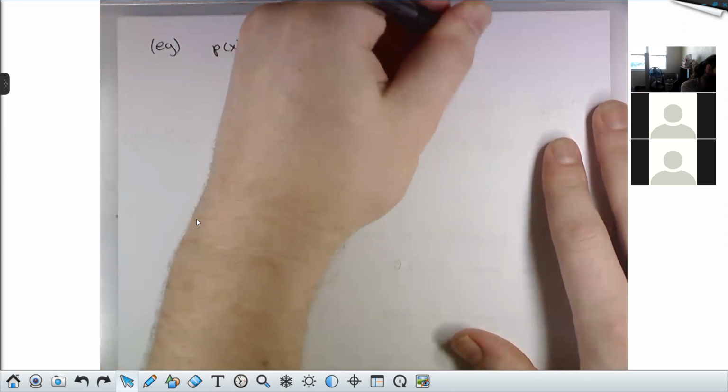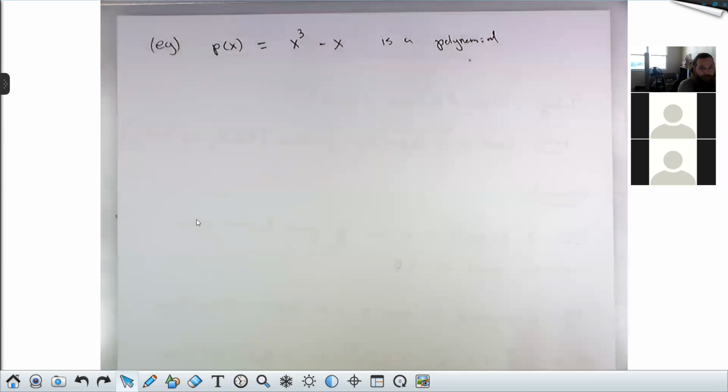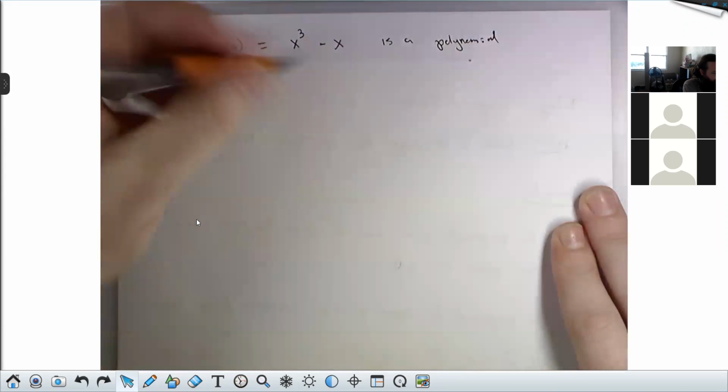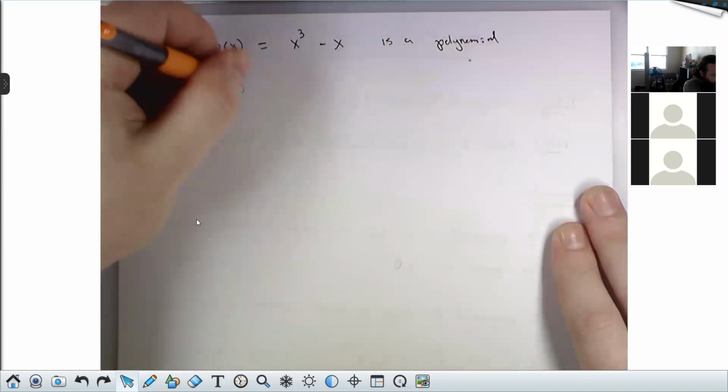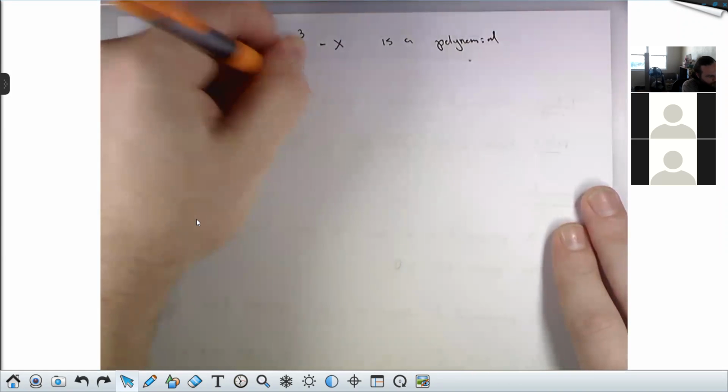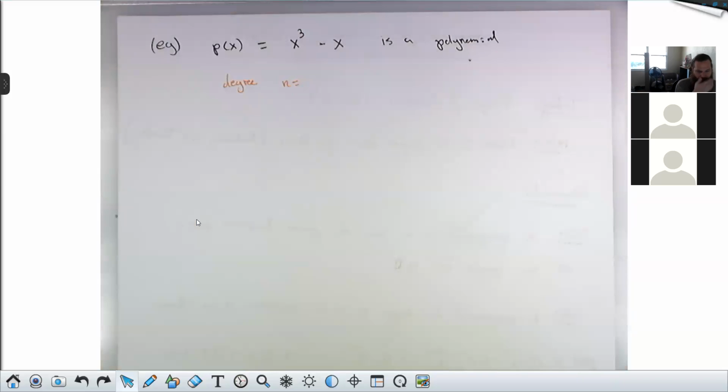This is a polynomial. The degree here is what? Who can tell me the degree of this polynomial?